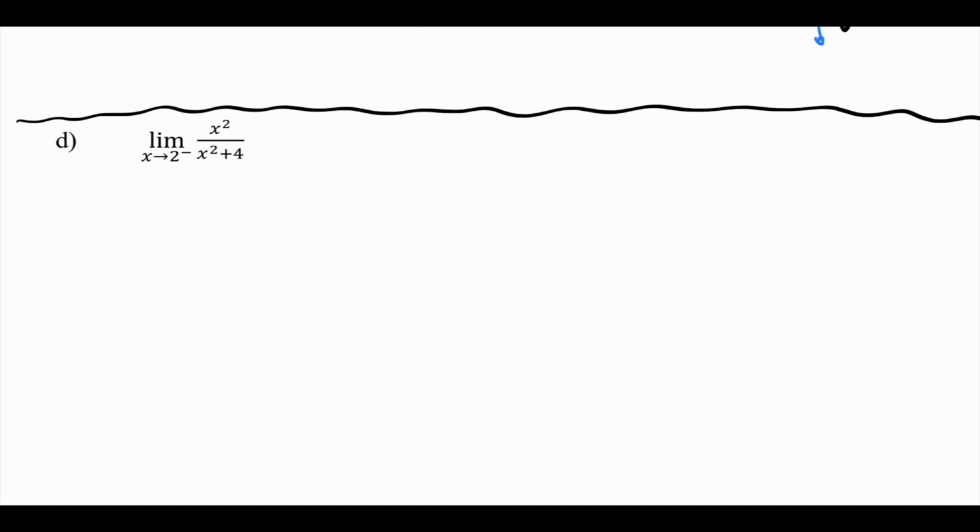Is there any vertical asymptotes? Would this guy have vertical asymptotes? How do we know? What do we have to do to the bottom? Since we didn't do that on the first page, let's do it right now. Okay, subtract 4 from both sides. Take the square root, and what happens when we do this?